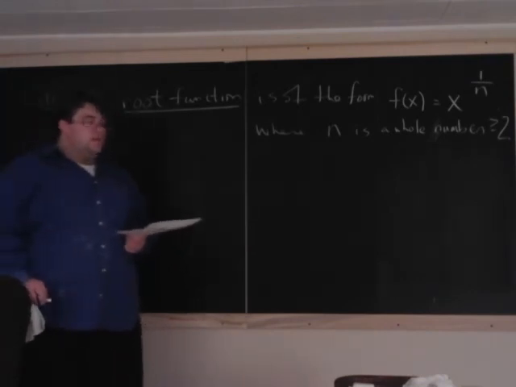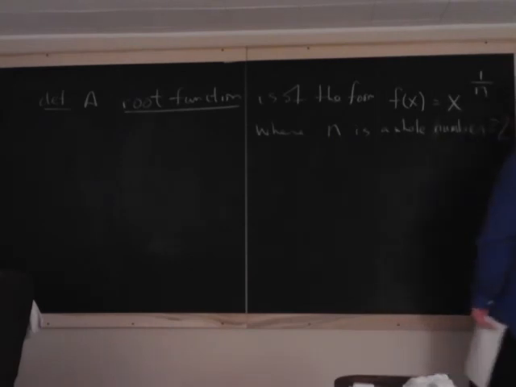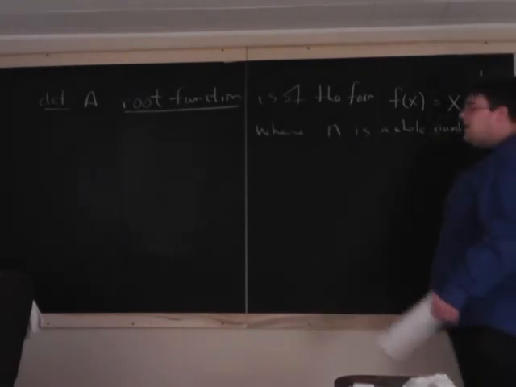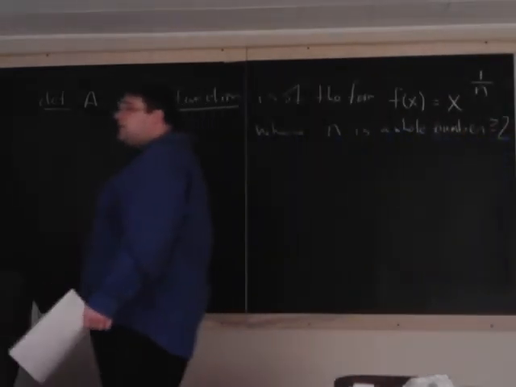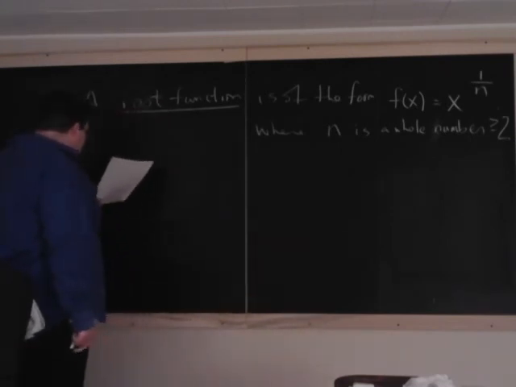Now one thing to notice is if n is even, then the domain is all nonnegative numbers, because you can't take the square root of a negative number. You can't take the fourth root of a negative number, and so on. So I'll just write that as a remark.